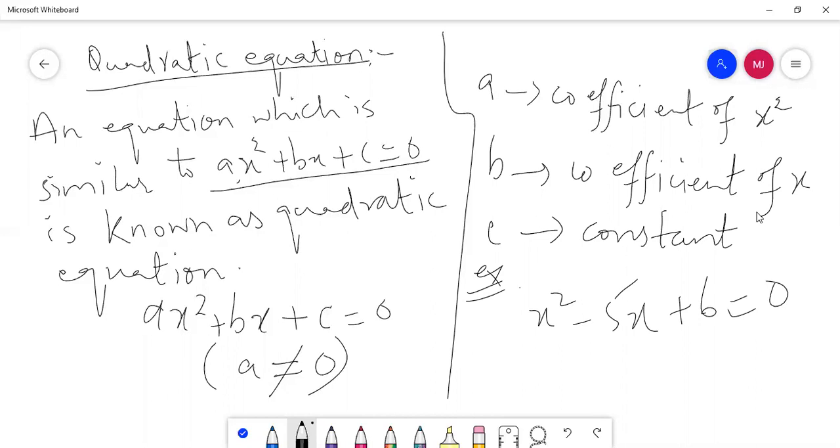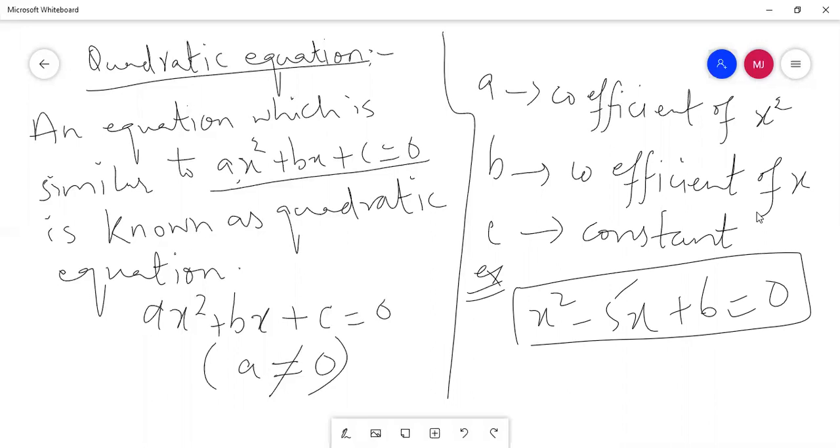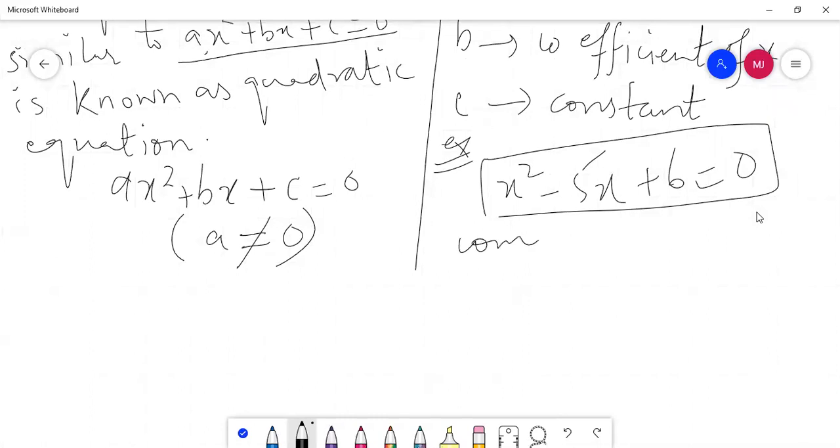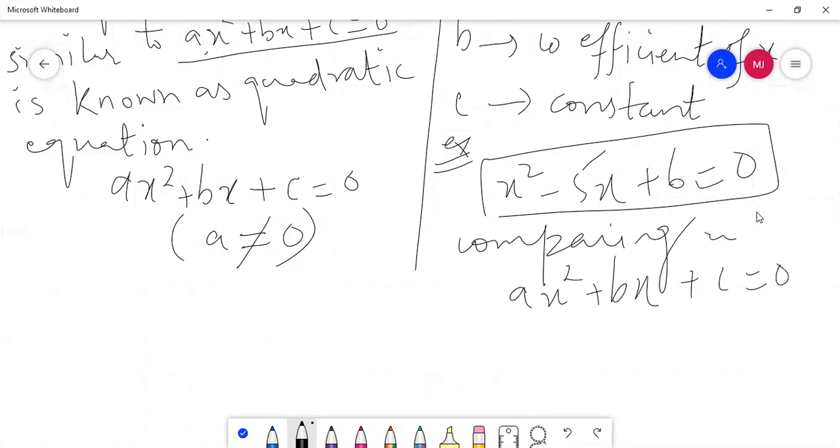If I compare this equation with original equation ax square plus bx plus c is equal to 0, so a is coefficient of x square, and what is my coefficient of x square?